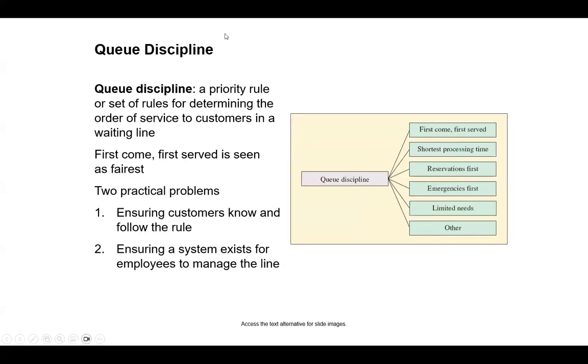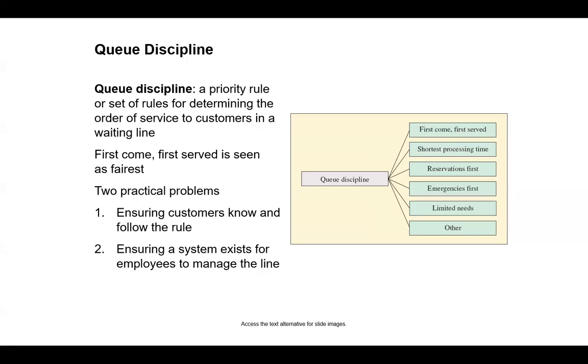And when we talk about the waiting lines in the system, we also have some priority rules to serve. A very common one is first come, first served. And we also have others. For some services, they may serve the shortest processing time customers first.